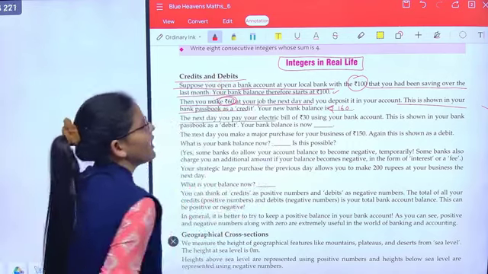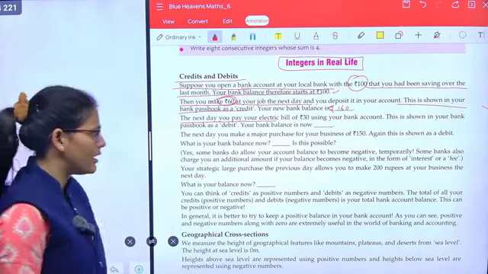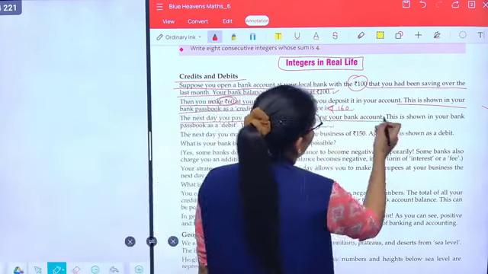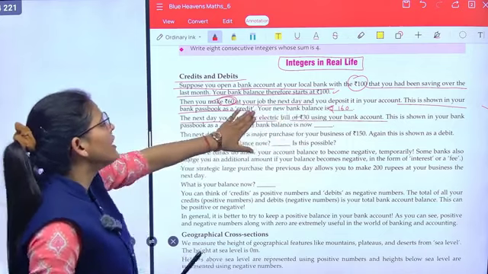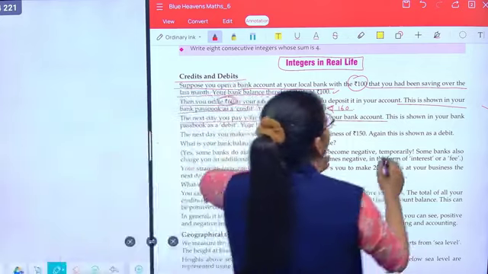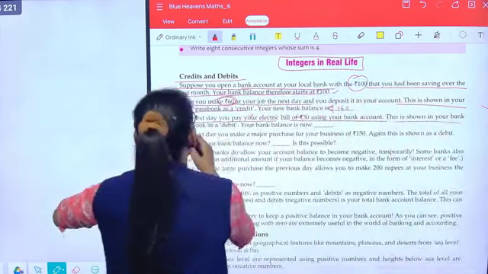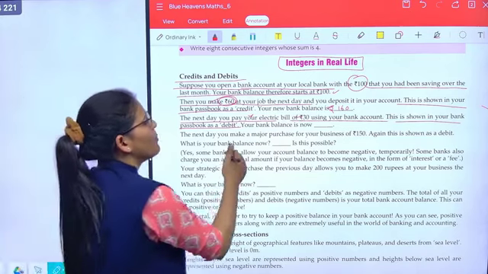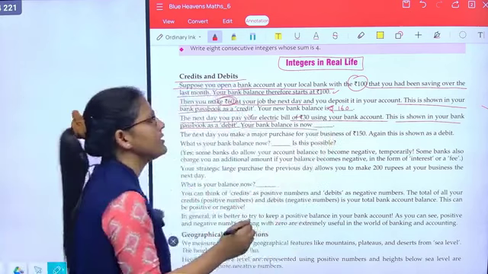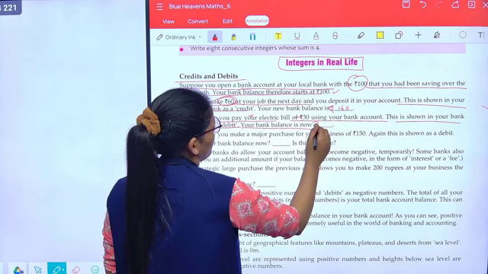Next day you pay your electricity bill of 30 using your bank account. Now class, you used 30 rupees out of 160 rupees for the electricity bill. Now this is shown in your bank account passbook as a debit. Debit means withdrawing. So your bank balance is now 130 rupees.